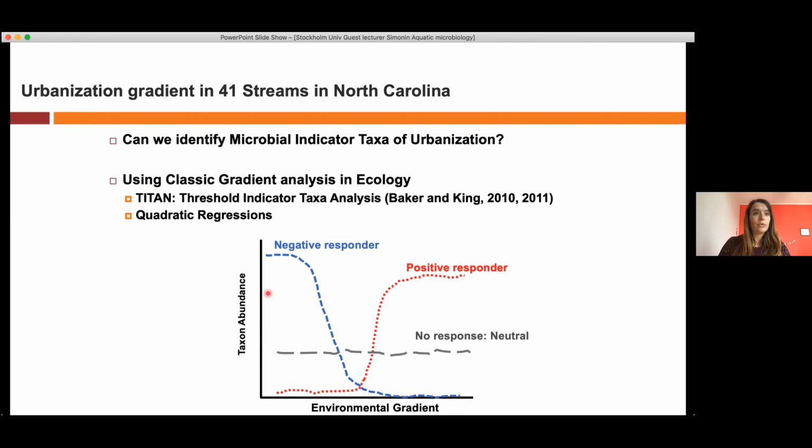What we did was to identify which taxa were responding negatively to this gradient, or positively, or were not responding. But also with quadratic regressions, we were able to identify what we call subsidy stress responders, meaning you see that they peak somewhere along this gradient. So a little bit of urbanization is good, but not so much. Subsidy meaning that they benefit from the gradient that maybe provides some nutrient or optimal niche for them, and then it becomes too stressful.